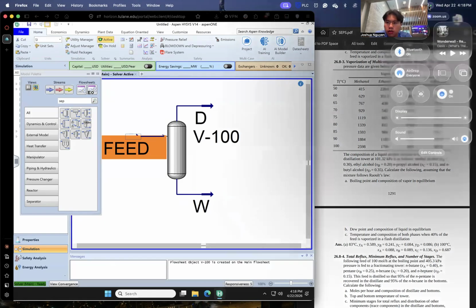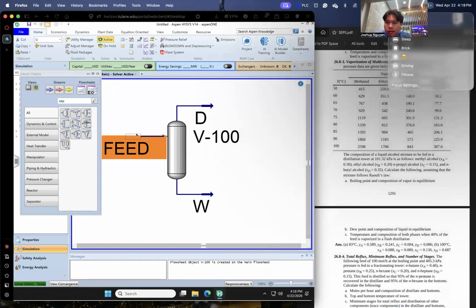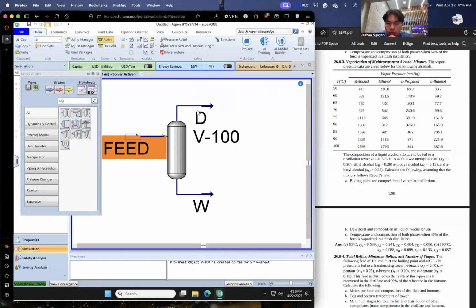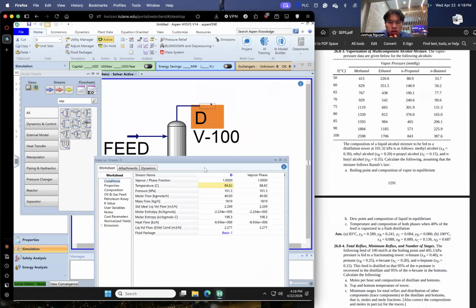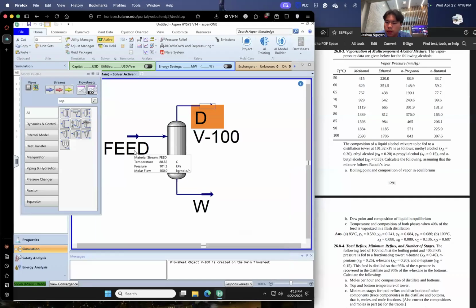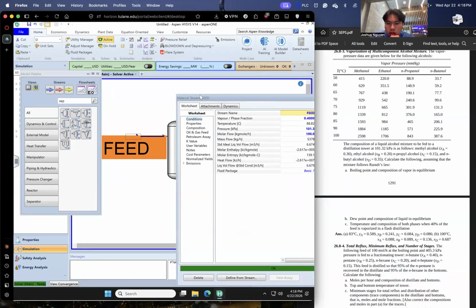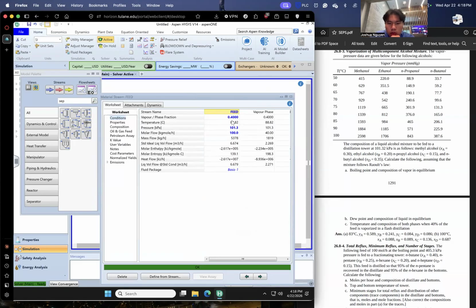Sorry, my notifications. Yeah, and we got, there's something still wrong here. Maybe if I, it's weird because this thing should have been higher if the feed was at this temperature.